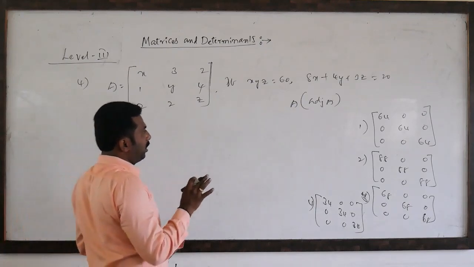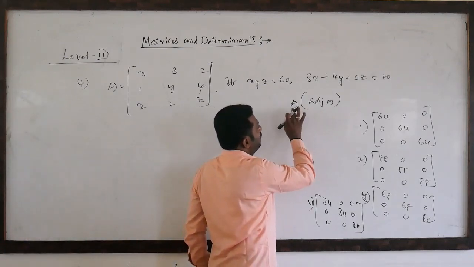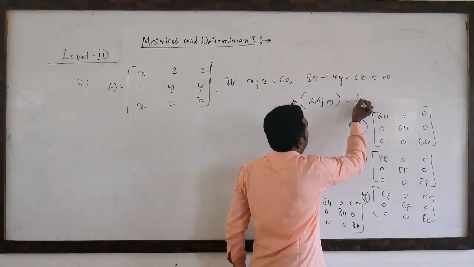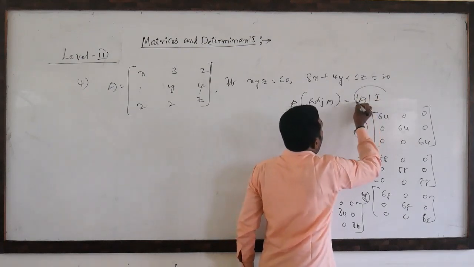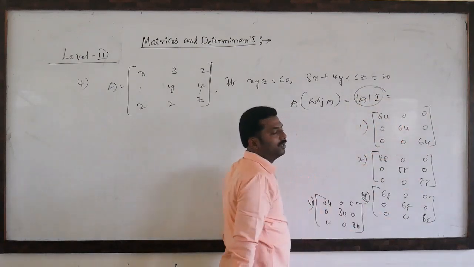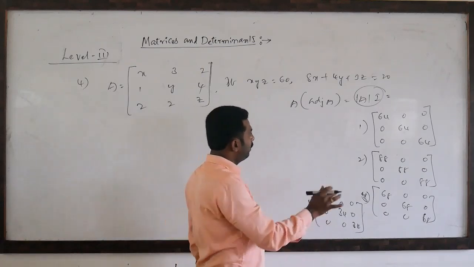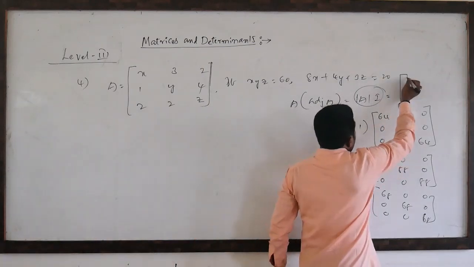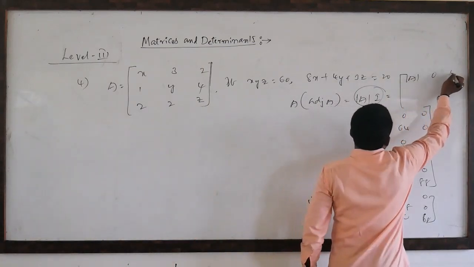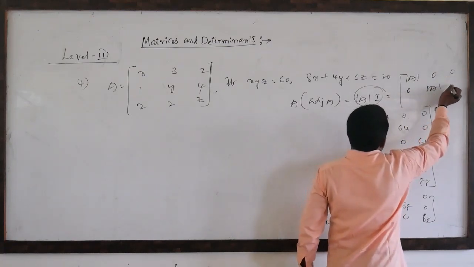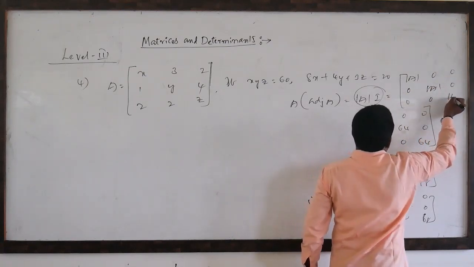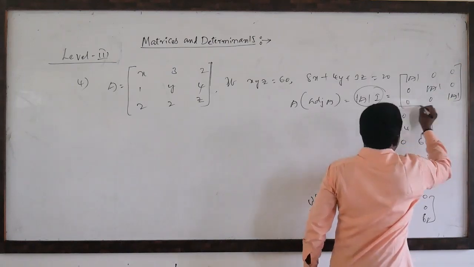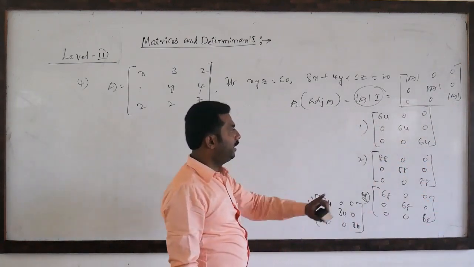So one concept in matrices and determinants: A into adjoint of A equal to determinant of A into identity matrix. Determinant of A into identity matrix is nothing but det A 0 0, 0 det A 0, 0 0 det A. So if you calculate determinant of A, you can identify the option here.